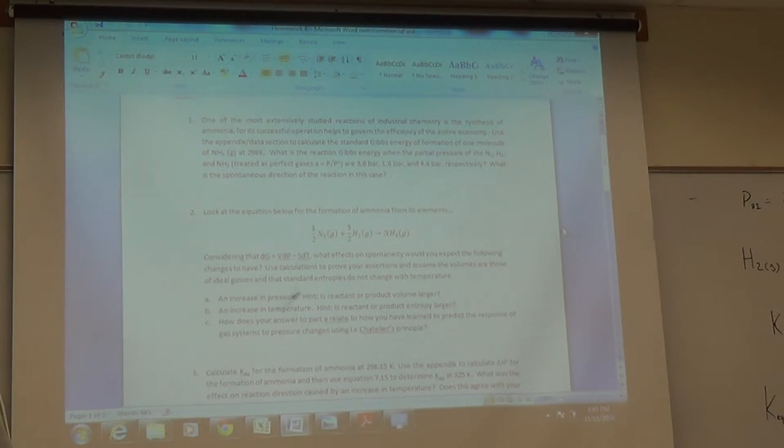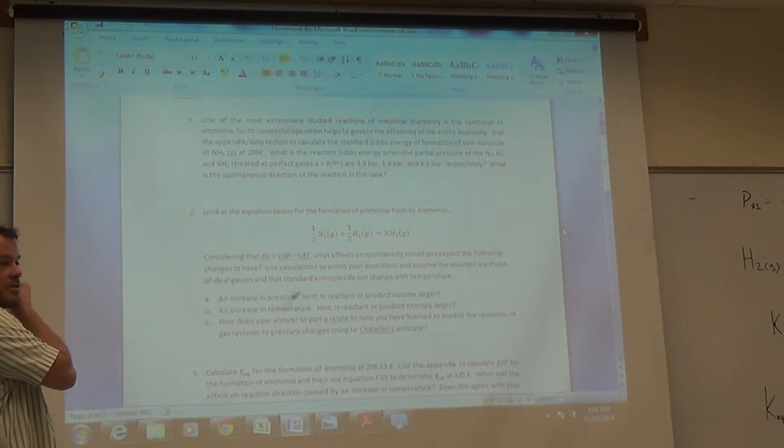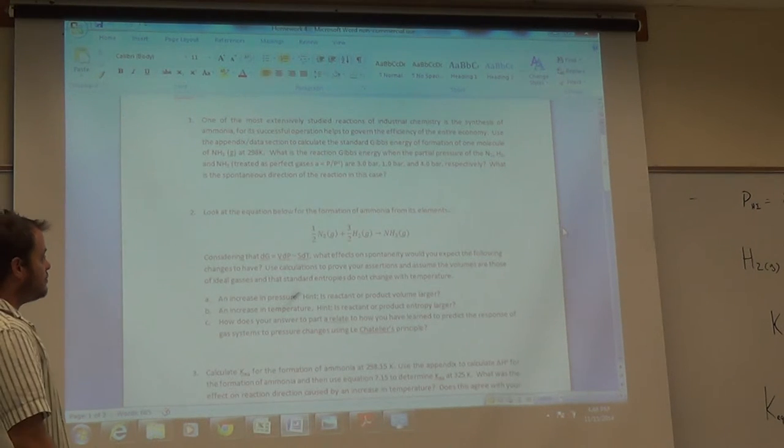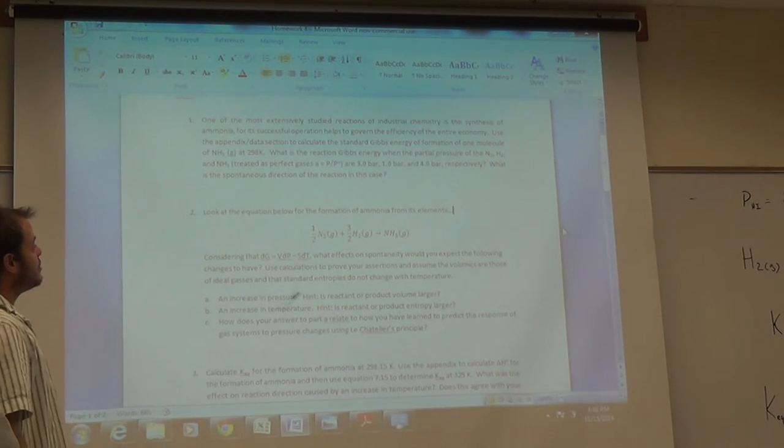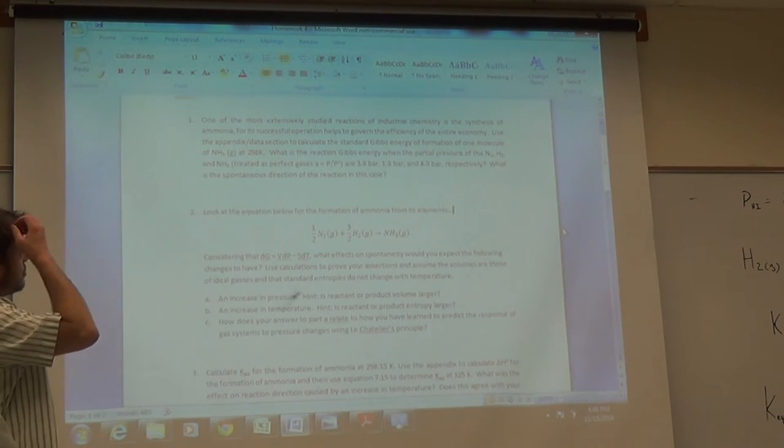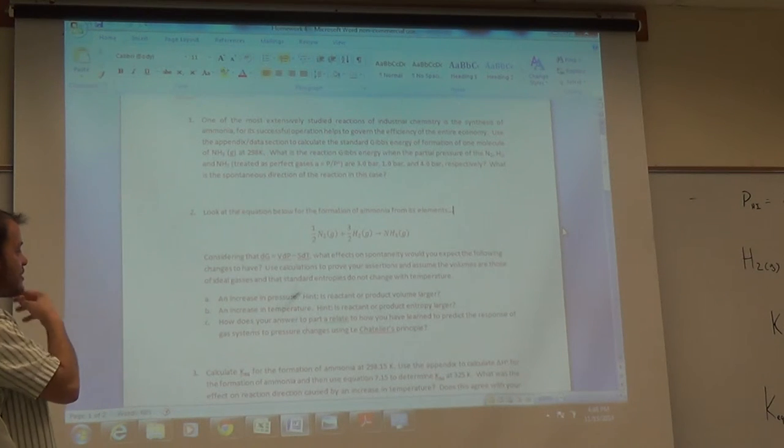And in problem number 1, I just give you some initial conditions and ask you to calculate what delta G of the reaction is for those initial conditions. And for that, you're just going to plug in delta G is delta G naught plus RT natural log of Q, and you'll have to write out Q based on the partial pressures and the coefficients in the balanced equation, and tell me what the spontaneous direction of the reaction is.